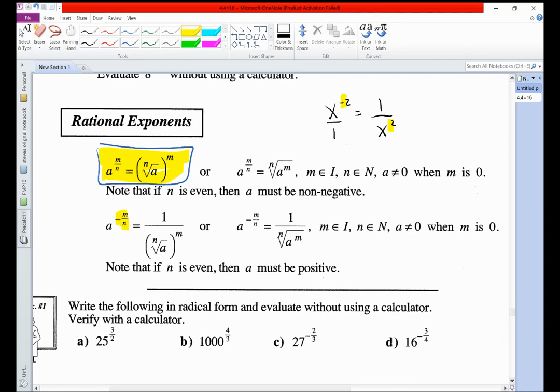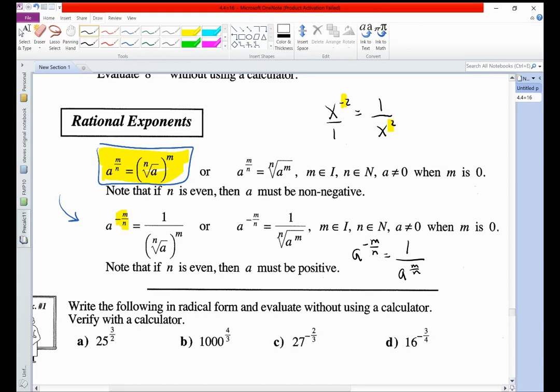So you can do the same thing down here. A to the power of -m over n can be written, they don't really show you that intermediate step, but that's okay, as 1 over a to the power of m over n.